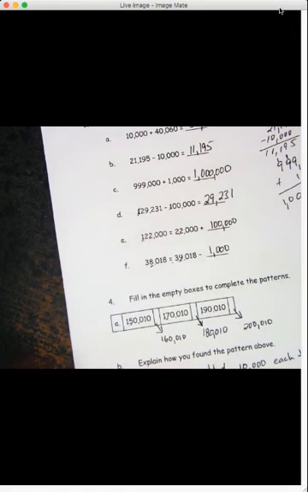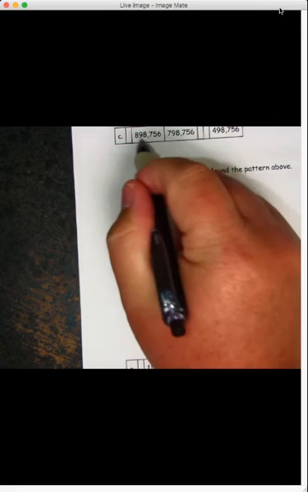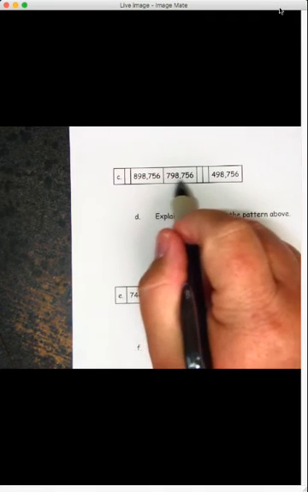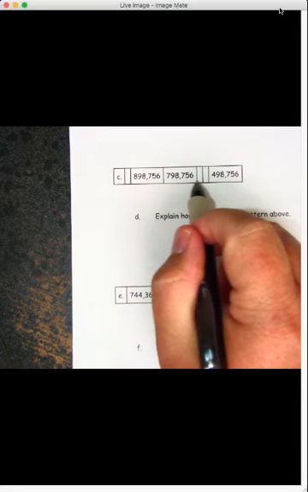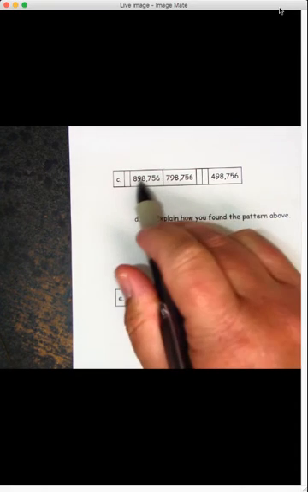Okay. Number 5, part C, not number 5. Okay, so this one we've got a box before it, 898,756, 798,756, blank, 400. What's changing each time? Well, the number in the 100,000s place is changing.